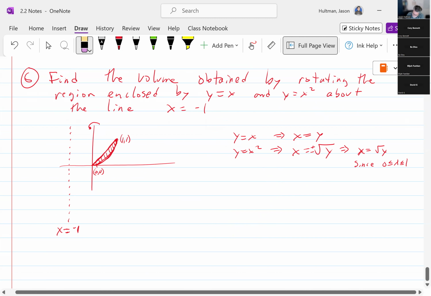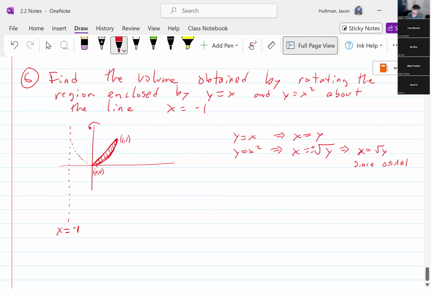So in this case, everything's positive where they intersect. In order to keep things positive, we have to restrict our value. Otherwise, if we took the negative, it would be over here, where x's are negative.